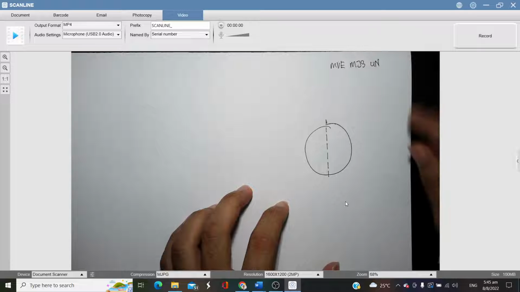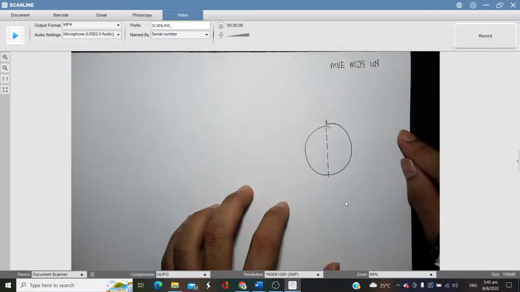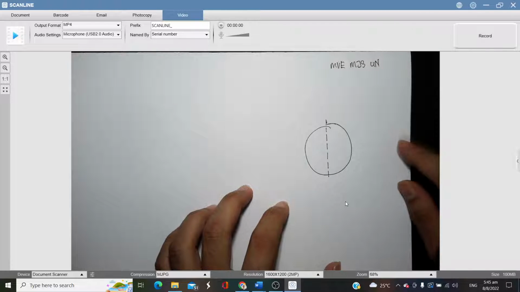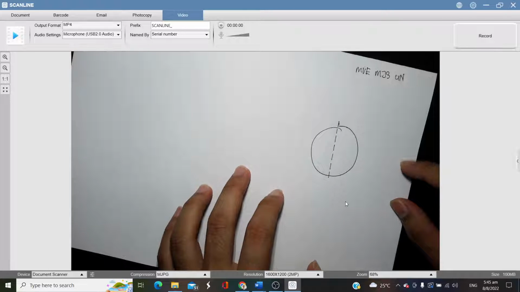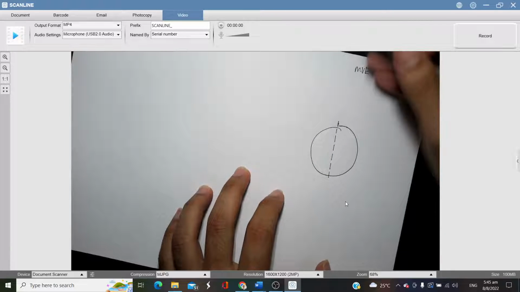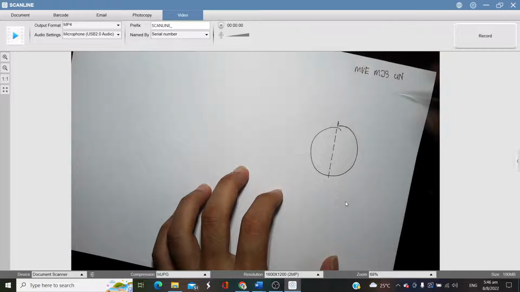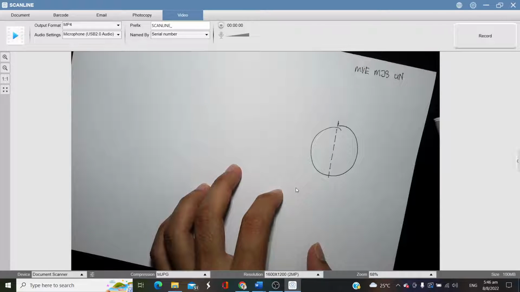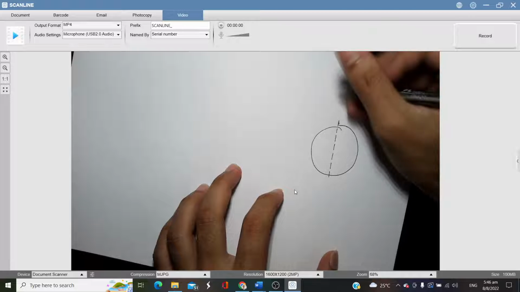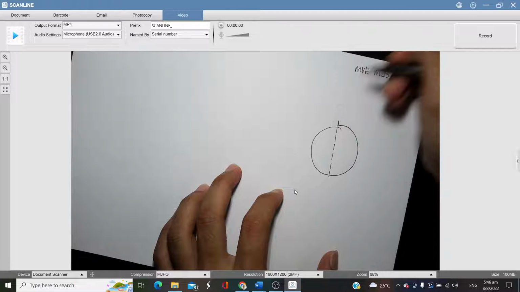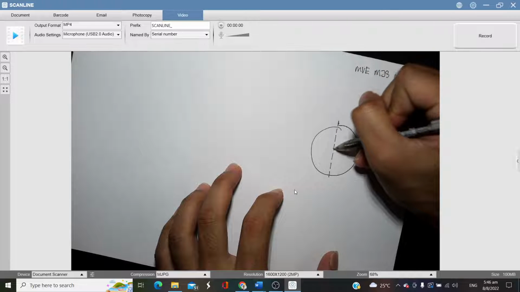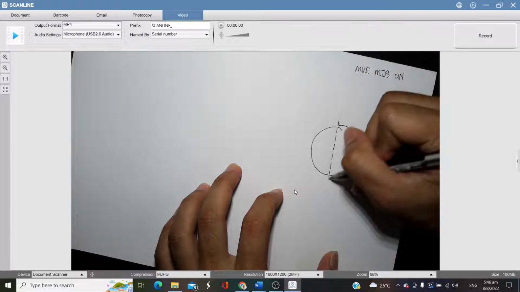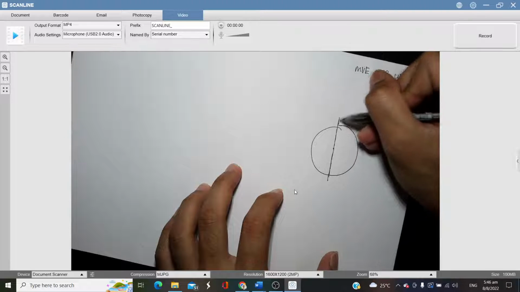The axis of Earth is not straight up like this. It is still a bit like this. Okay, 23.5 degrees. How do you see it? The axis is like this.